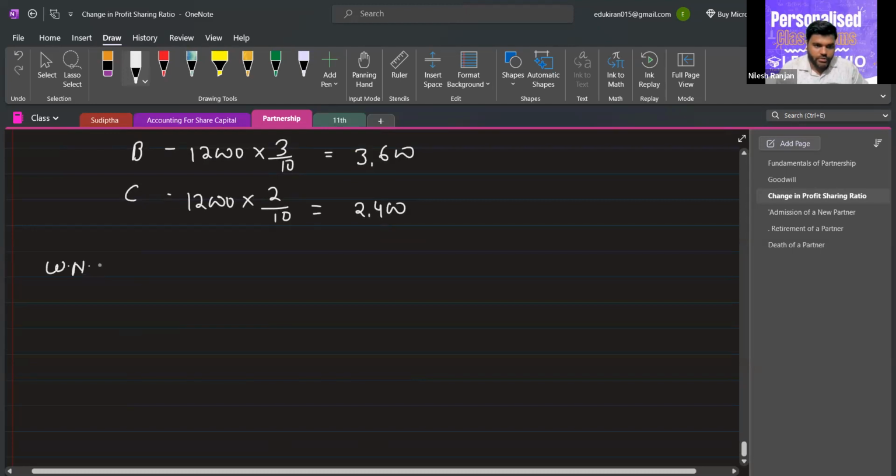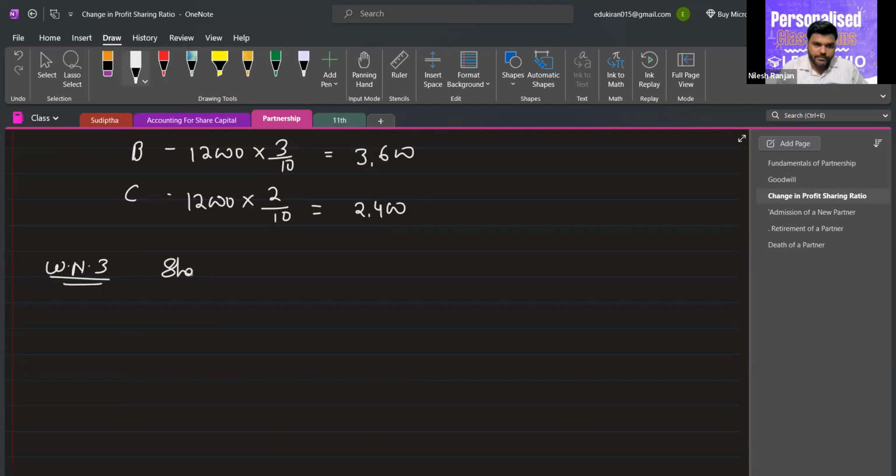Now, working note number 3, share in goodwill.